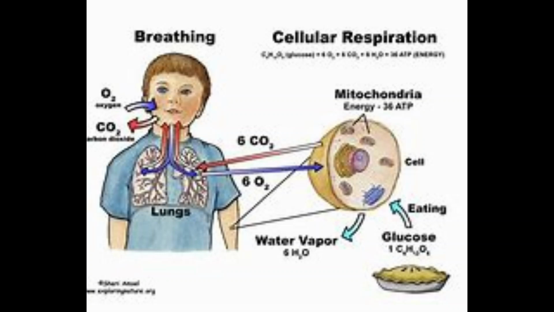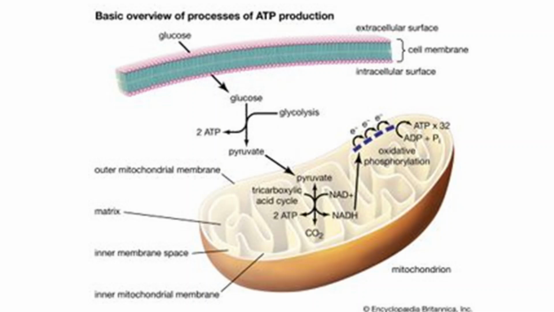Cellular respiration is performed in mitochondria. Mitochondria is one of the cellular organelles that are designed to break down sugars and produce ATP very efficiently. Mitochondria are often called the powerhouse of the cell because they are able to produce so much ATP.